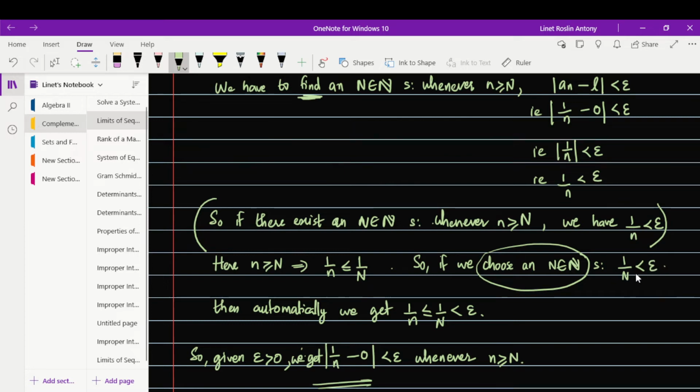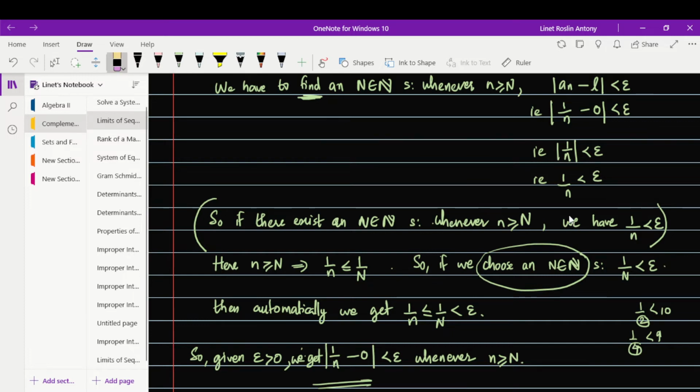If we choose such a capital N, then of course we can choose such a capital N given any epsilon. Suppose you are given epsilon equal to 10, you can choose 1 by 2. Suppose you are given 9, you can choose 1 by 4, like that. So for any epsilon, you can choose an n.